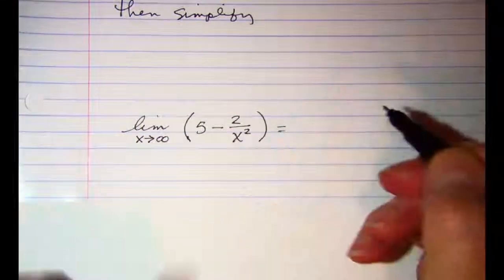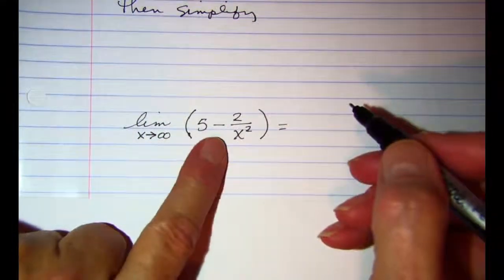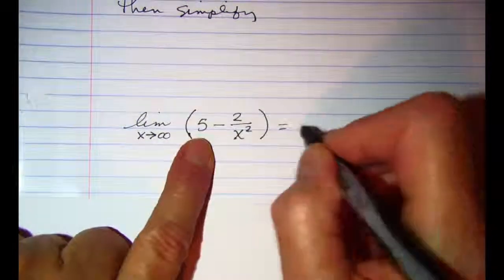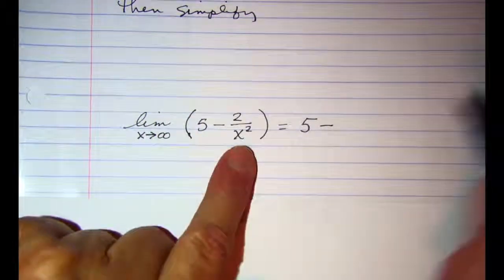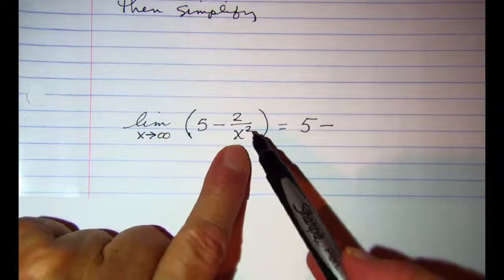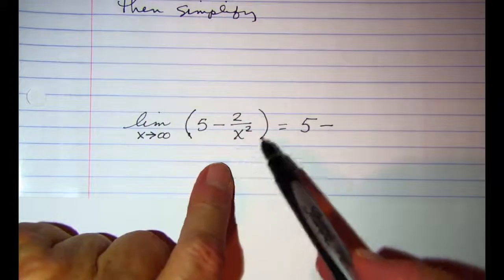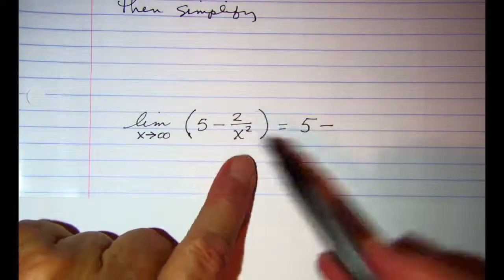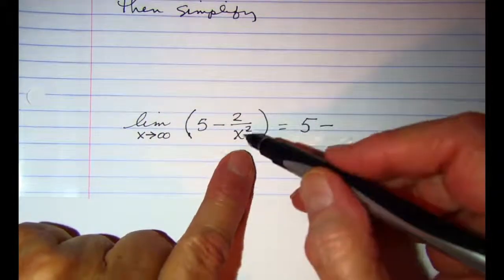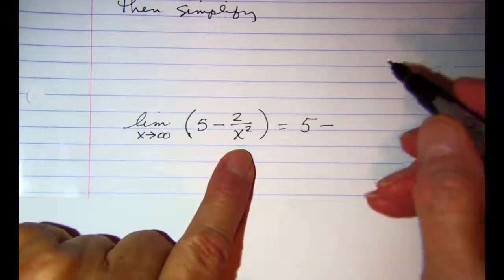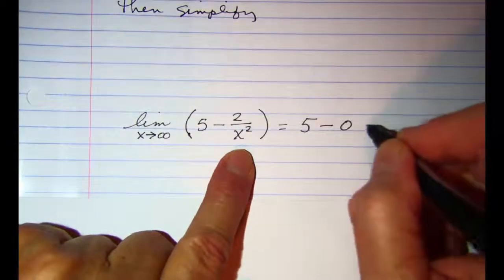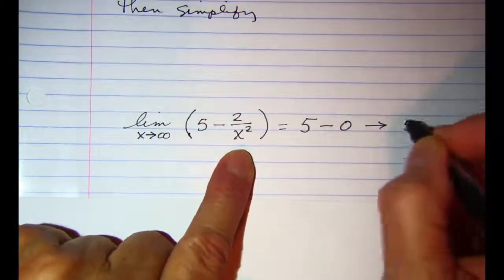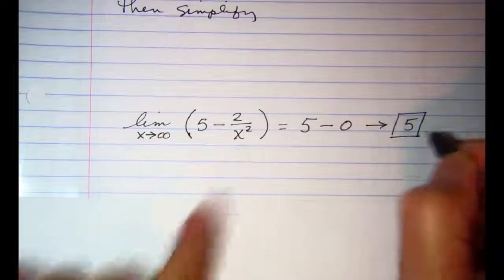So the limit as x approaches infinity of this term is just still going to be 5, minus, and then as x approaches infinity on this term, it becomes 0 as the denominator gets bigger and bigger and bigger. So we have 5 minus 0, and we see then that the limit is 5. Let's try another one.